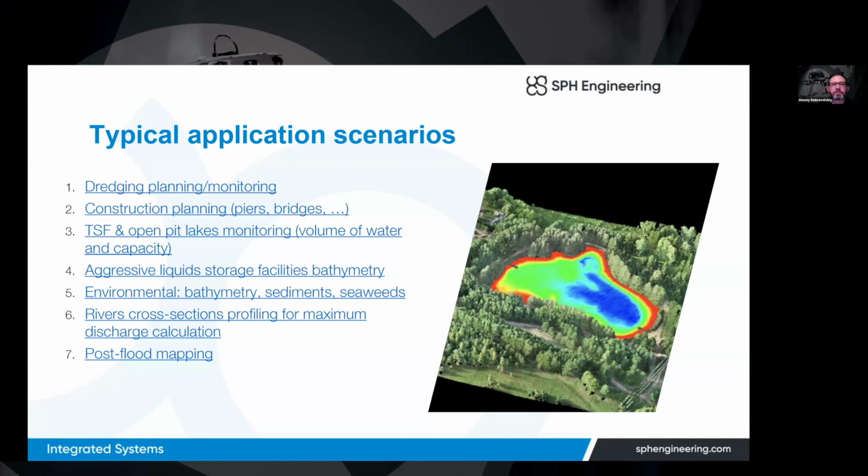Another very interesting scenario, new for us, is collecting bathymetric data together with data from many additional sensors like surface velocity sensors and LiDAR to collect profiles of the parts of rivers which are not under water at the moment, to calculate the maximum discharge of the river.